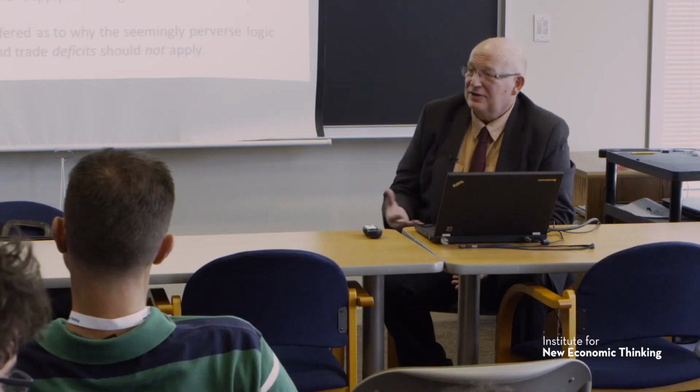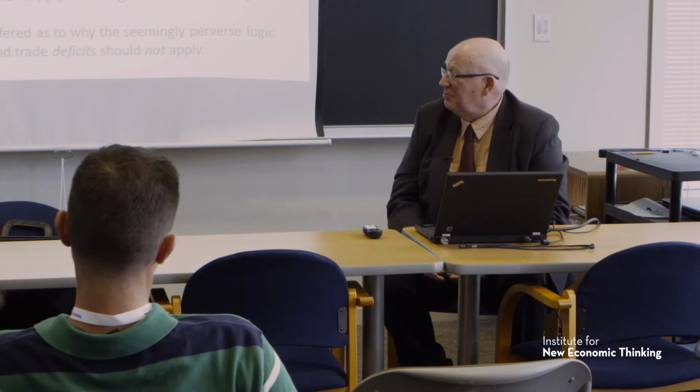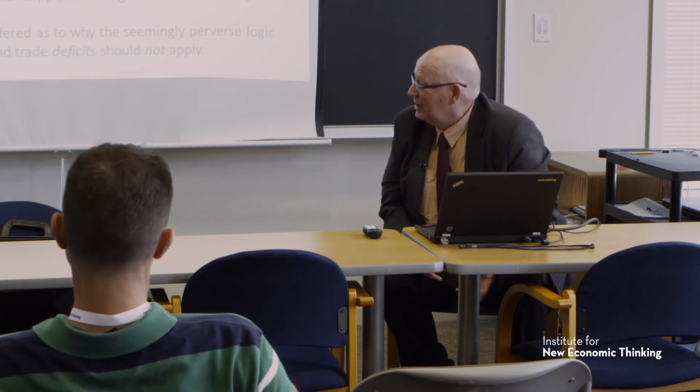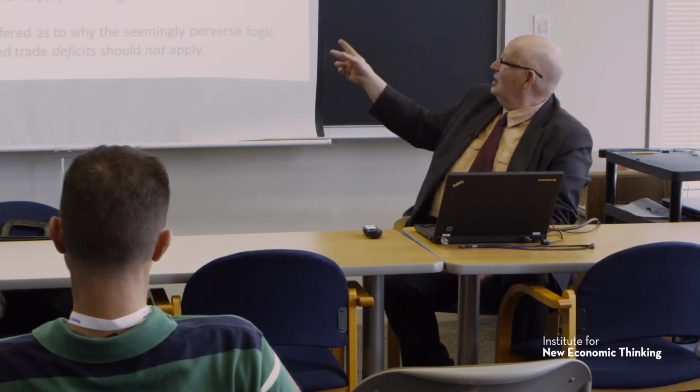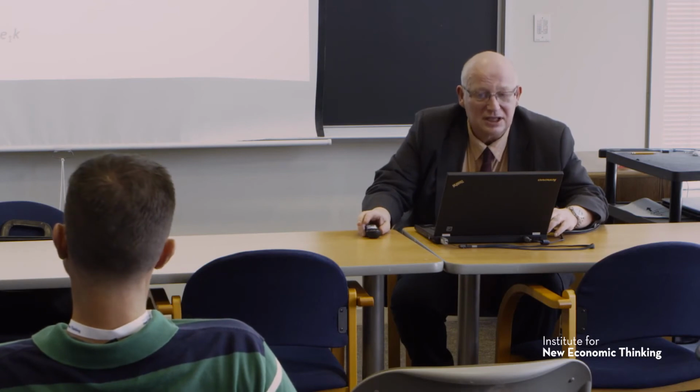Obviously, we've introduced the average tax rate now, and if you think about it, this is the twist on the classical theory that was provided by the supply-side theorists in the 1970s. Effectively, no argument is offered as to why that seemingly perverse logic of budget surpluses and trade deficits should not apply. So I just want to leave that there.